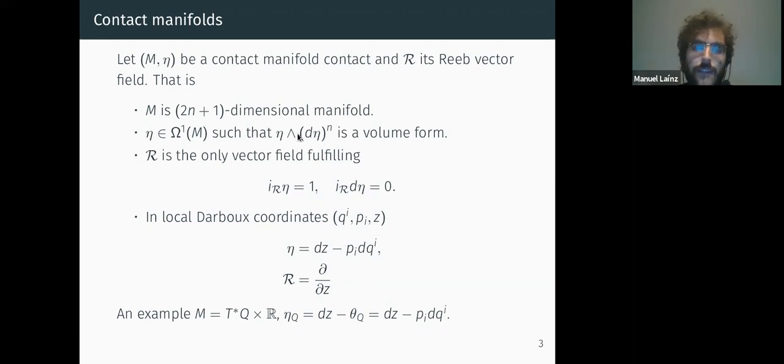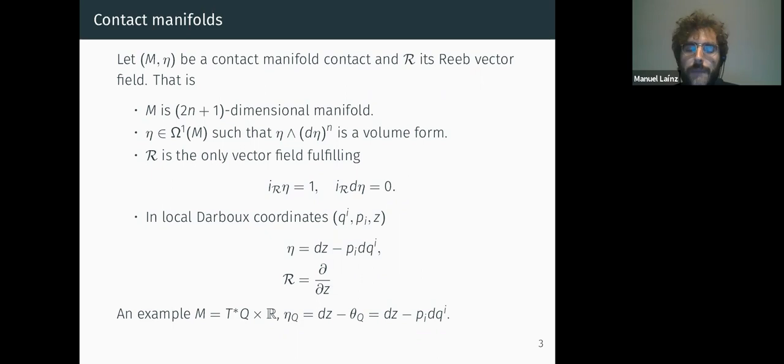That is, it doesn't vanish at any point of the manifold M. And R is the Reeb vector field, the only vector field that is in the kernel of the differential of eta, and that applied to eta gives 1.